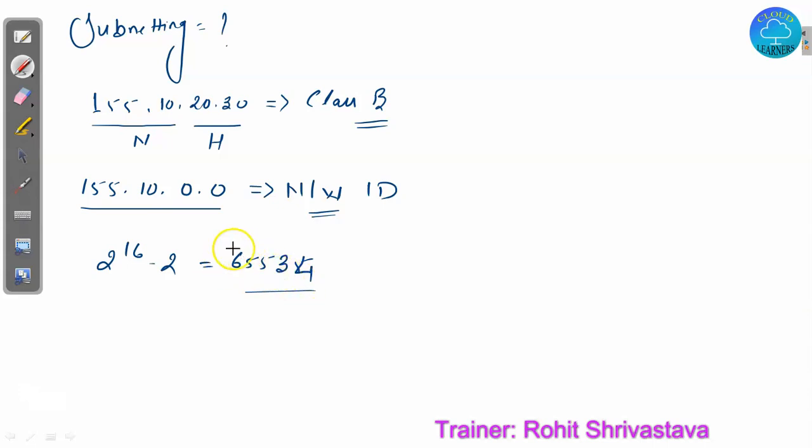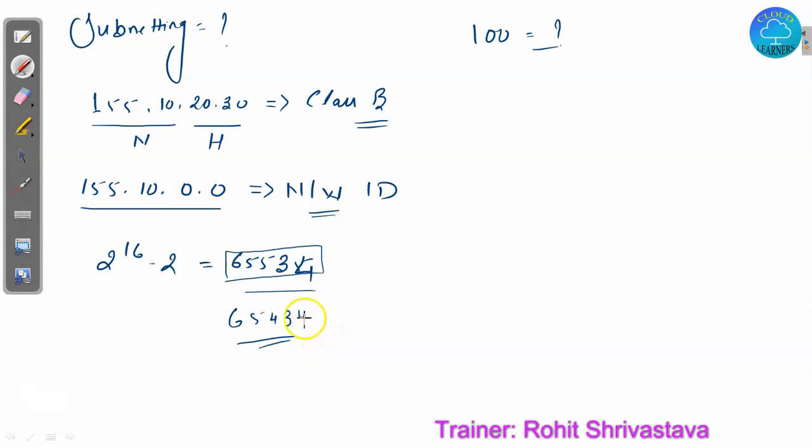But what will be the case if we need only 100 hosts? We need to assign only 100 IPs, but here we are getting 65534. So what do we do now? Because almost 65434 will get wasted, right? This is the first case I am talking about.